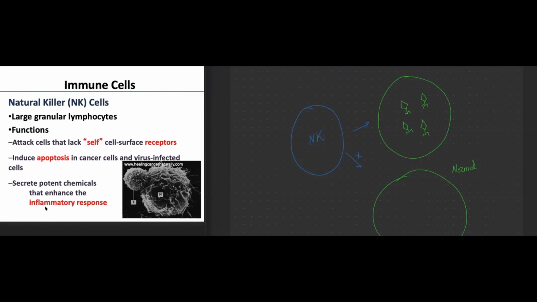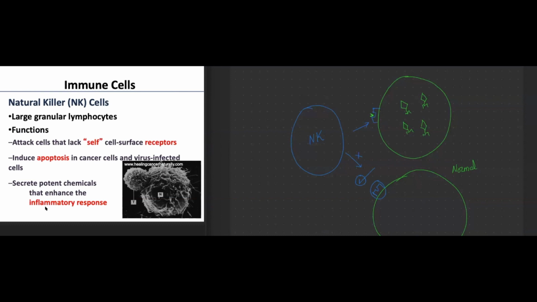How will the natural killer cell recognize that it needs to attack this cell and not this cell? It's simply going to be checking ID. If the cell presented just a self-antigen on its outer surface, so this cell is good to go. I won't attack it. But if the cell is presenting viral particles on its outer surface, my natural killer cell will recognize, yeah, I don't have this antigen present on my normal cells.